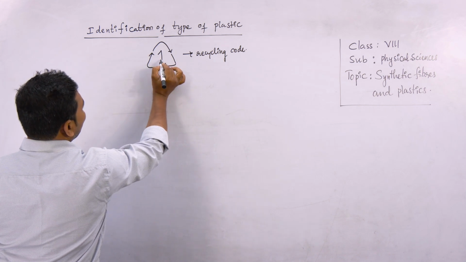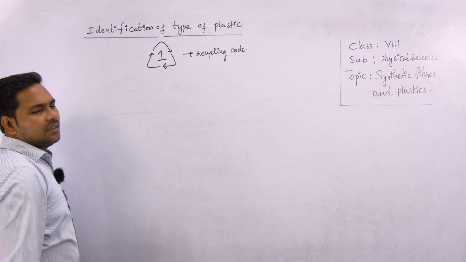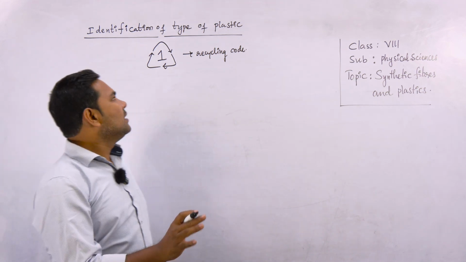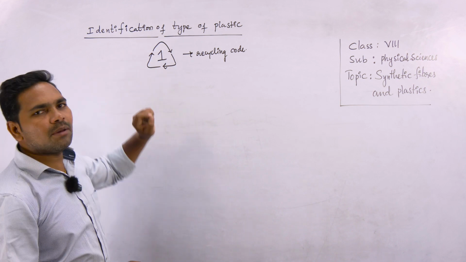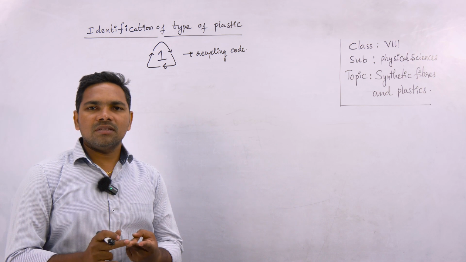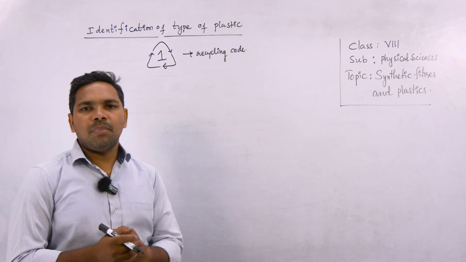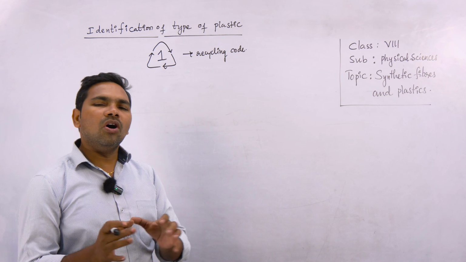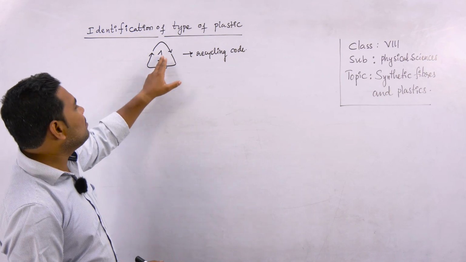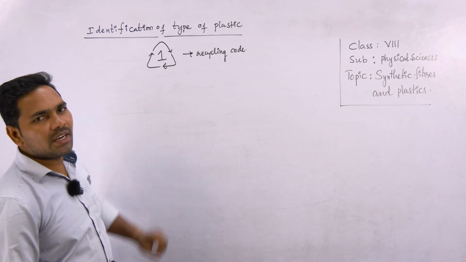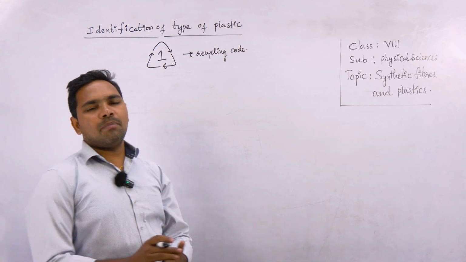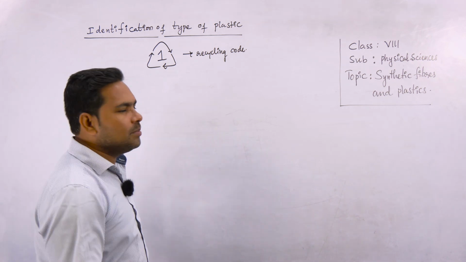You can identify such a triangle symbol with some number in it on the plastic items in your house, right from water bottles, storage jars, even carry bags, plastic covers. You can find this symbol and a number is written at the center. And this number gives us the type of the plastic that the object is made of.